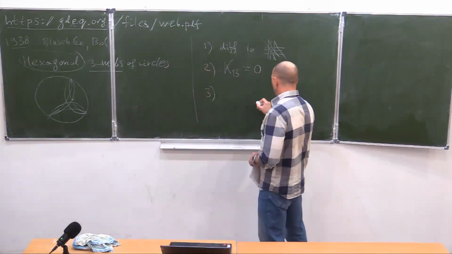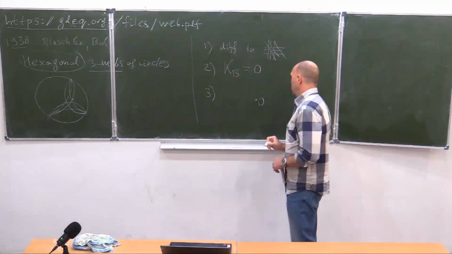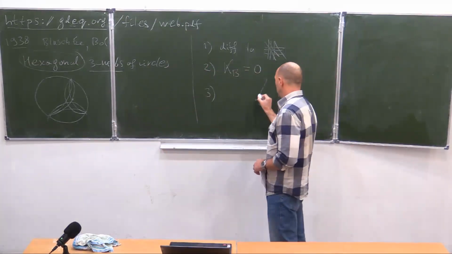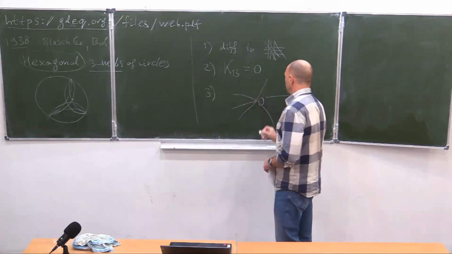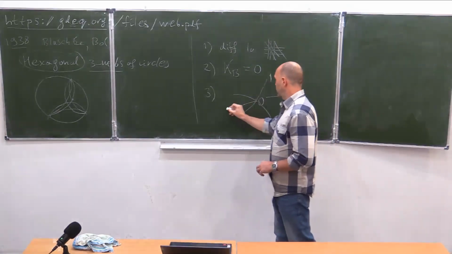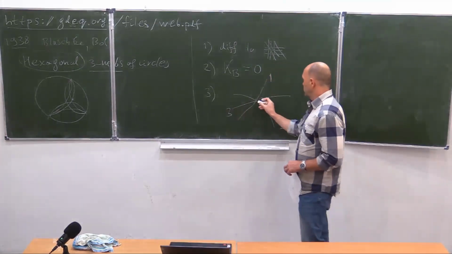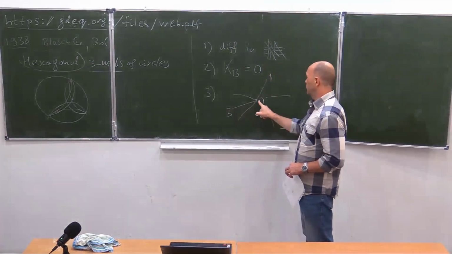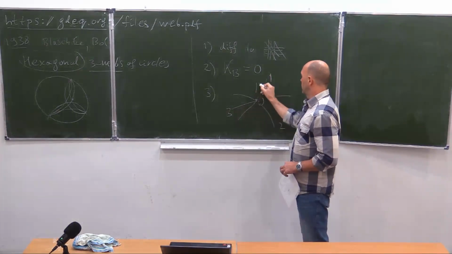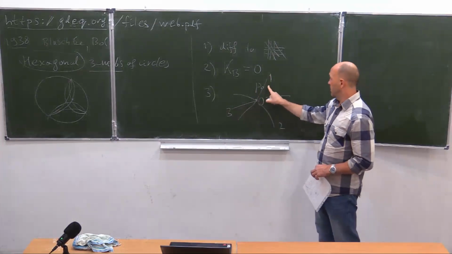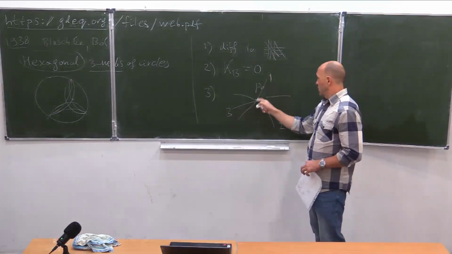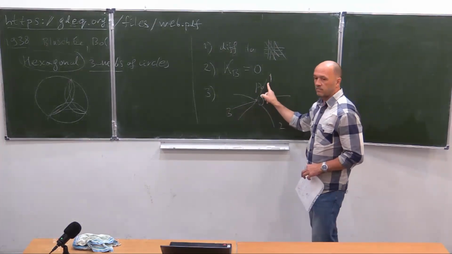What does it mean? You choose a point. Through this point, you have three leaves, of the first, second, and third foliations. Then choose a point, let's call this origin, at some point on, say, the first line, the leaf of the foliation of the first family.